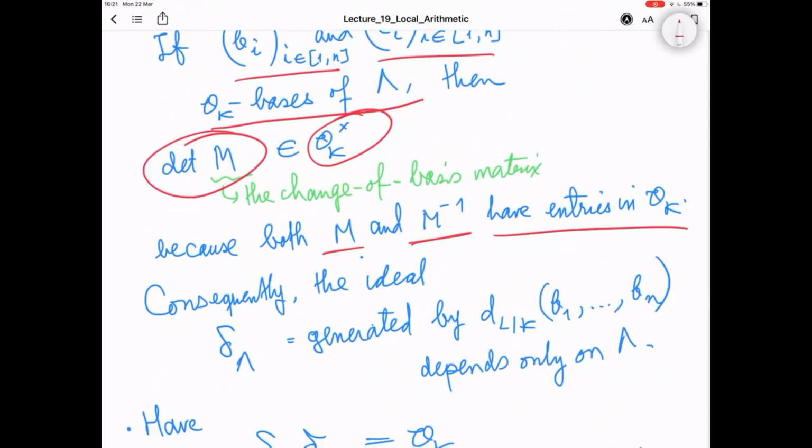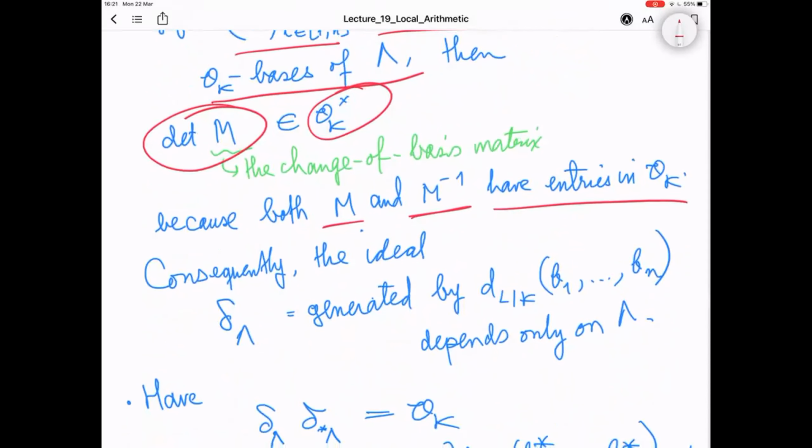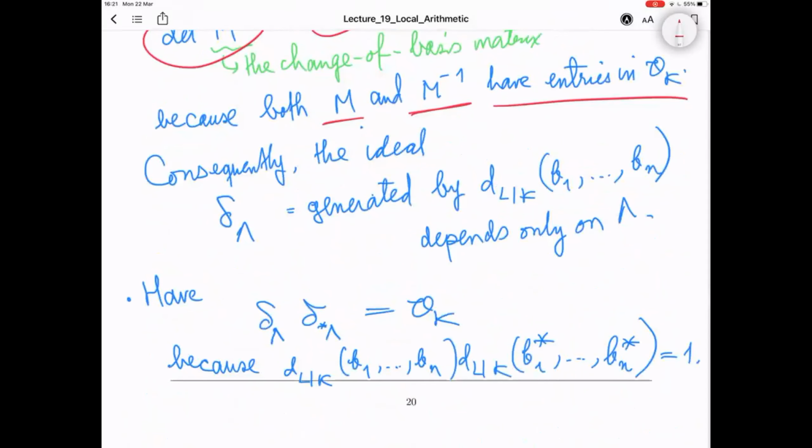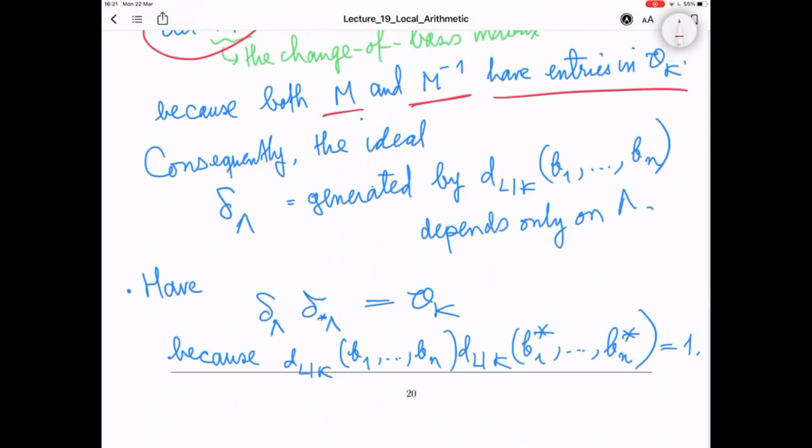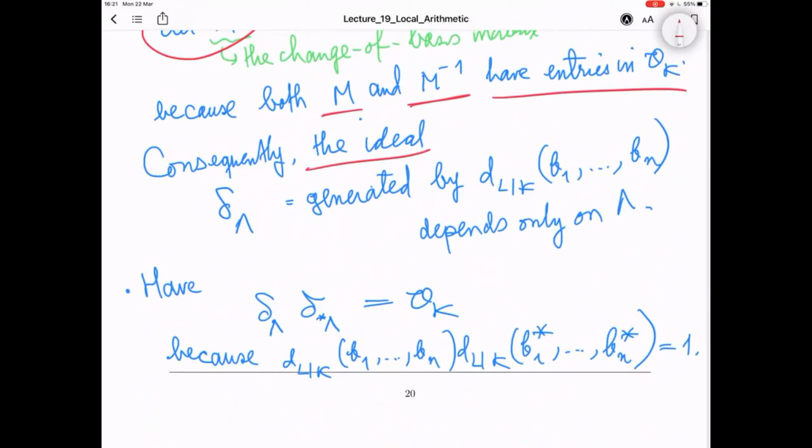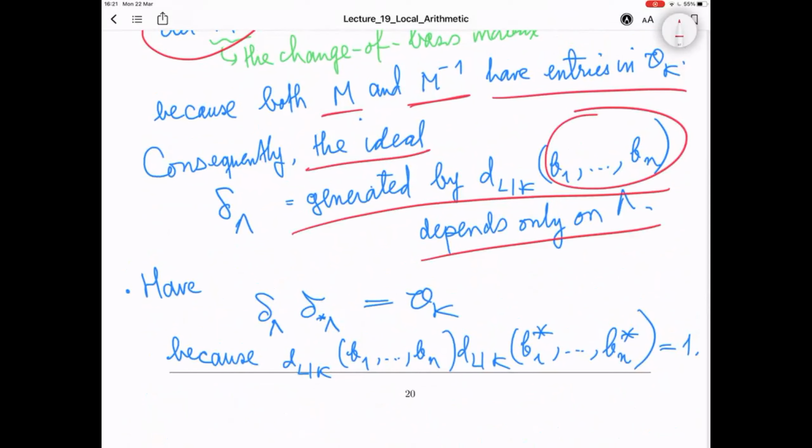So the determinant is invertible because the matrix is invertible, right? And therefore the ideal generated by the discriminant of this basis will depend only on lambda. It will not depend on the basis. It will depend only on the lattice of which it is a basis.